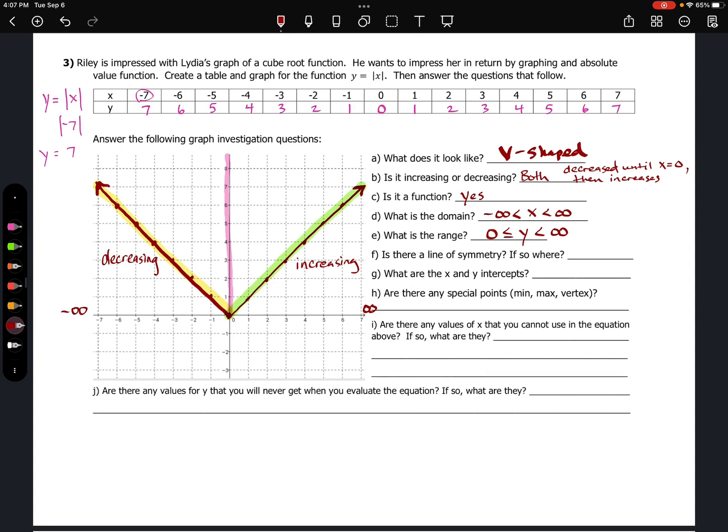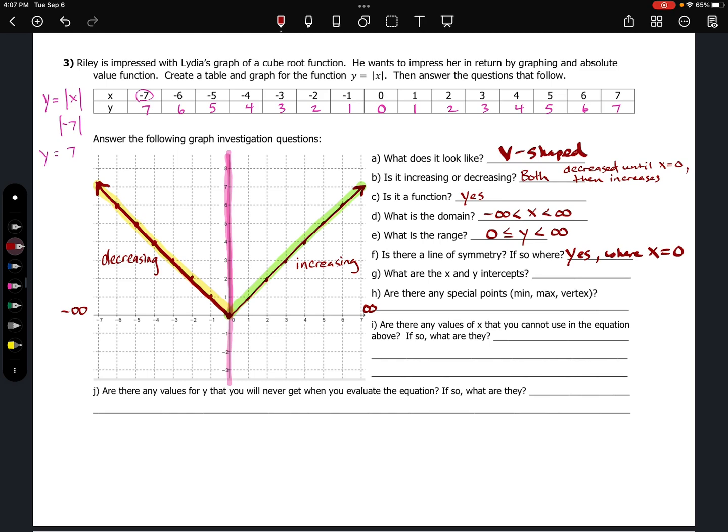Is there a line of symmetry? It does look like there's a line of symmetry right where this pink one that I drew in. There's a reflection across there. So we'll say yes at the line y equals 0. I'm sorry, x equals 0. What are the x and y intercepts?